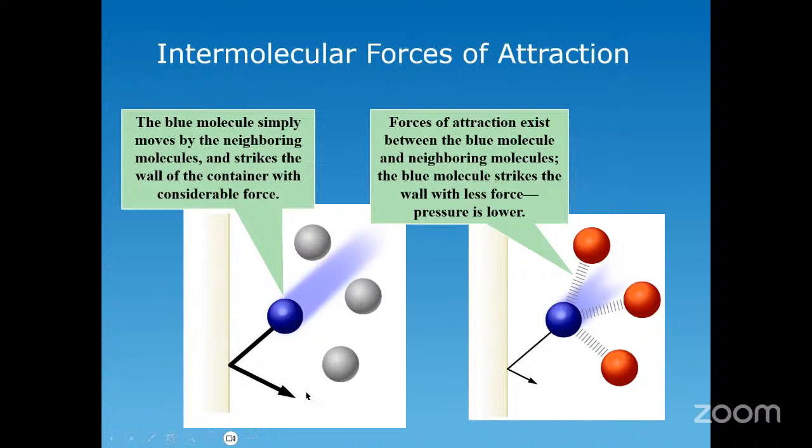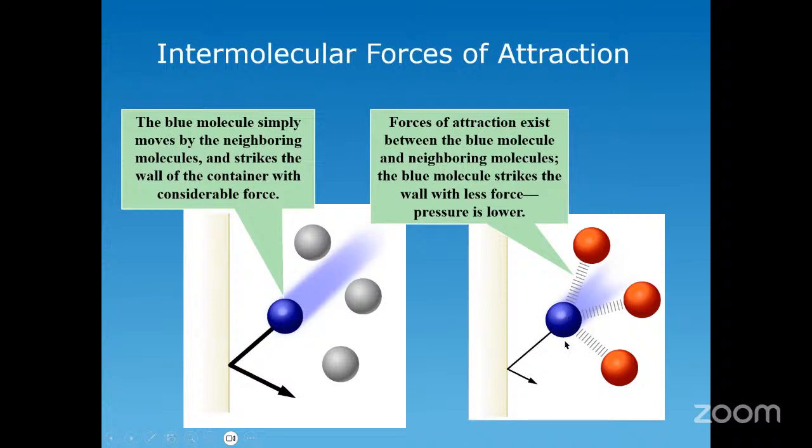So in the case of an ideal gas, because this particle is not influenced in any way by the particles surrounding it, it is free to hit the wall of the container as hard as possible, right? However, in the case of a real gas where you have forces of attraction between this gas particle and the surrounding gas particles, there's a drag that it will experience, and therefore it will not be allowed to hit the wall as hard as in this case.